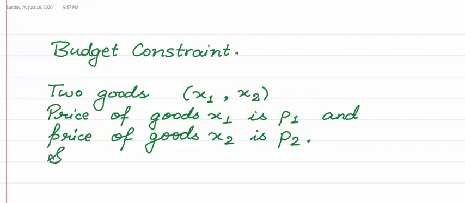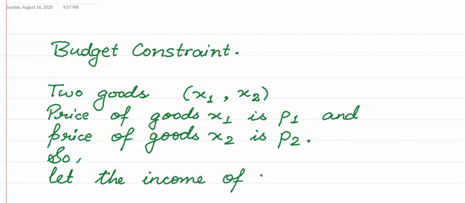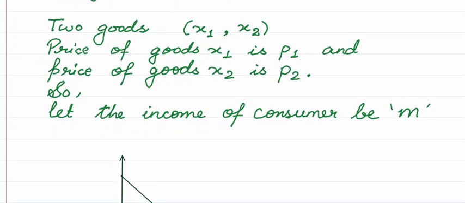So, let the income of the consumer be M. So this is the given income of the consumer.